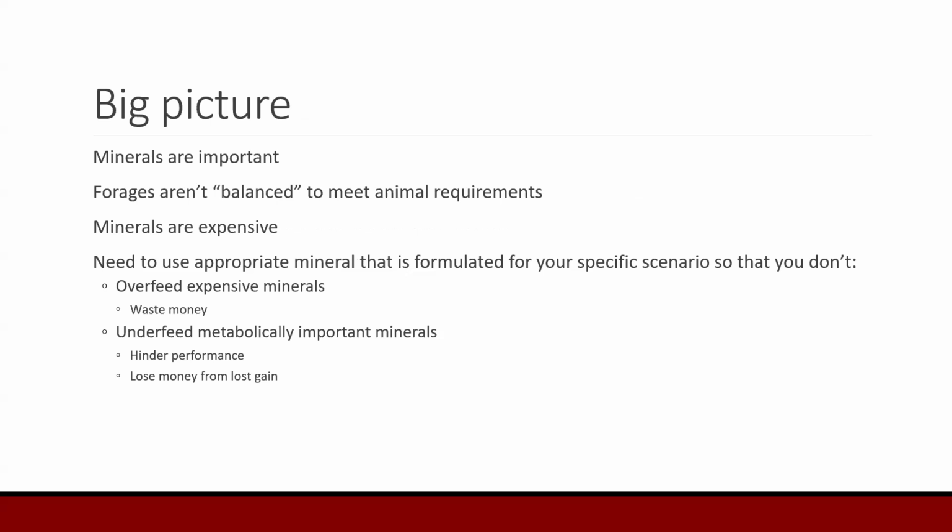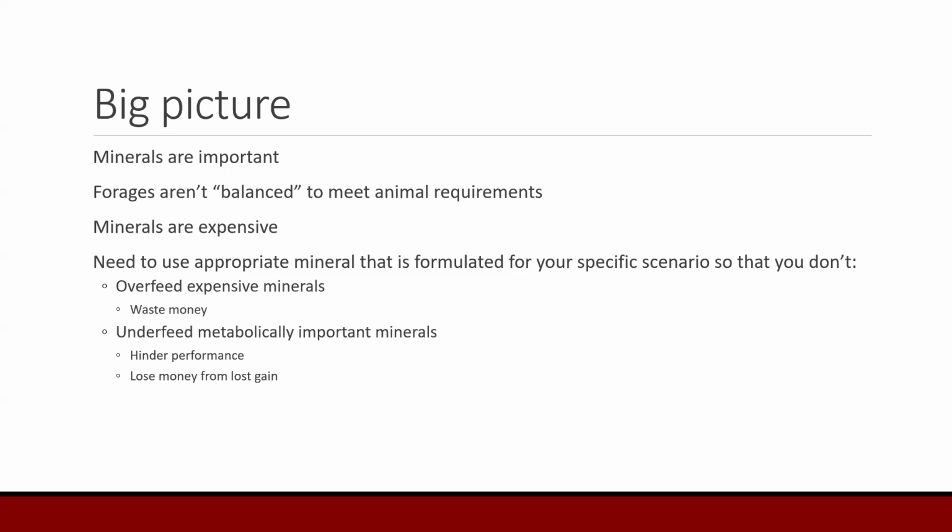Okay. Forages are not balanced to meet animal requirements. Okay. Minerals are expensive, so we need to use appropriate minerals that are formulated for a specific scenario so that we avoid overfeeding expensive minerals, which is a waste of money.